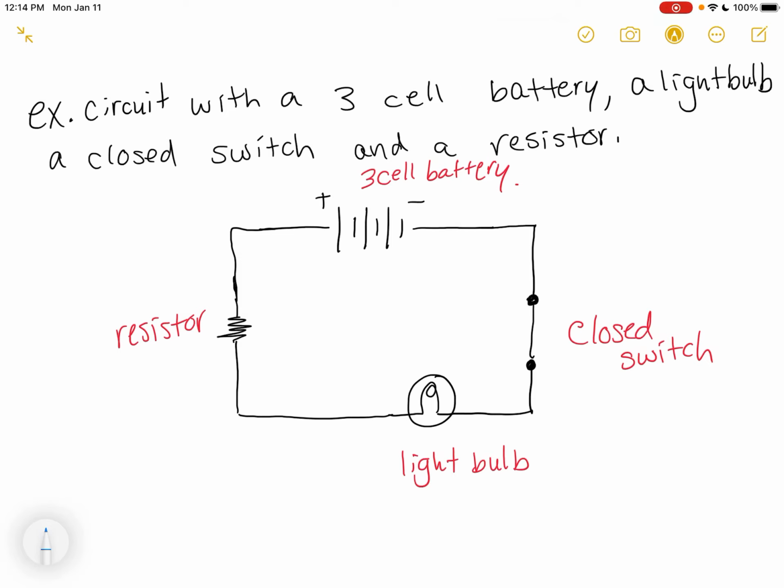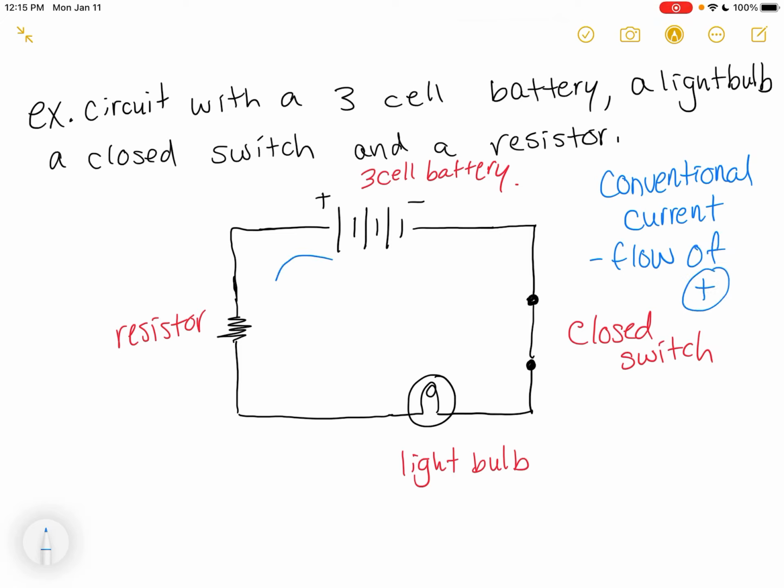And when we're looking at conventional current, it's actually the flow of positive charges through the circuit. And so that's going to come from the positive end of the battery back to the negative end of the battery. Okay, so this is going to be conventional current.